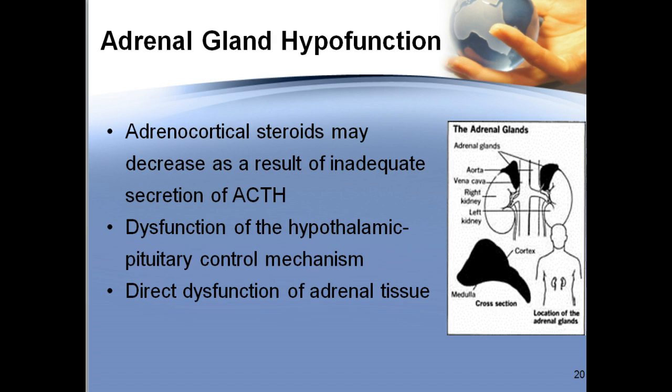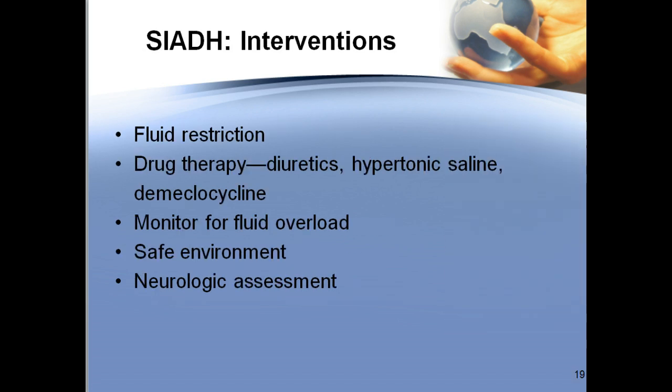So for that person, you want to put them on fluid restriction, and you want to have them on drug therapy like diuretics and hypertonic saline, and things like that that'll help them excrete the excess, because they're doing just the opposite. So where you were monitoring them when they had diabetes insipidus for dehydration, this time you're going to try to monitor them for fluid overload.